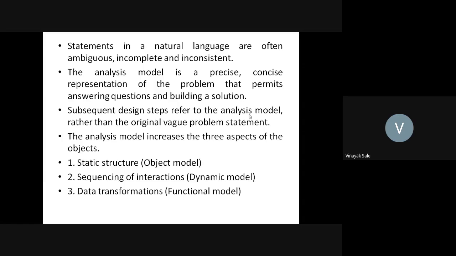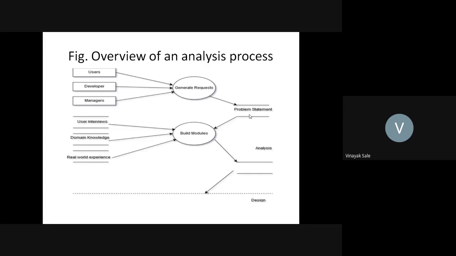Subsequent design steps refer to the analysis model rather than the original vague problem statement. The analysis model contains the three aspects of objects: the object model, dynamic model, and functional model. This is the overview of the analysis process.